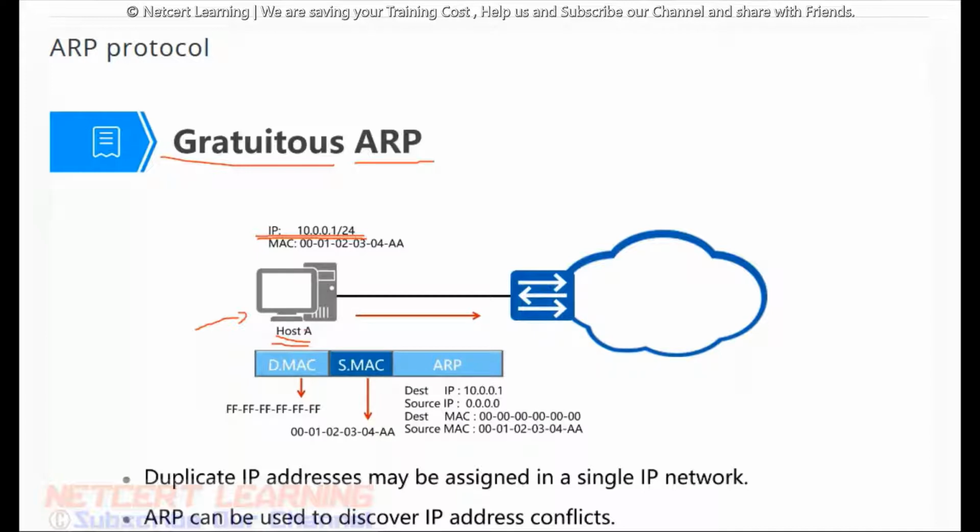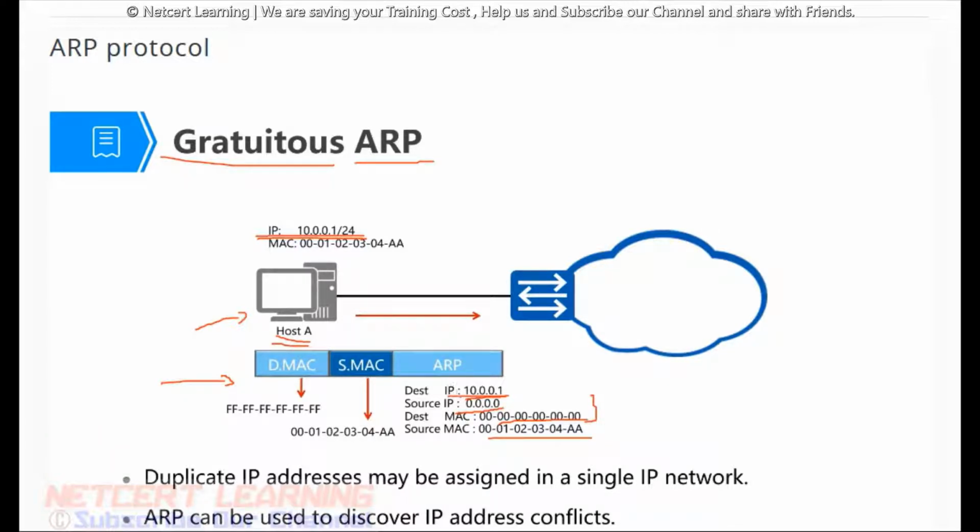Then what can host A do? Host A just sends an ARP request. In this request, the source IP, the destination MAC address, and the source MAC address are all 0.